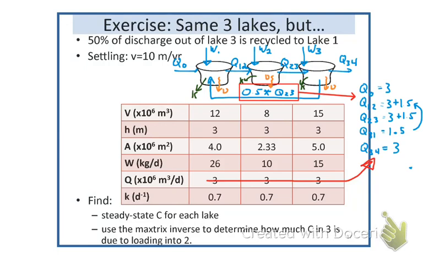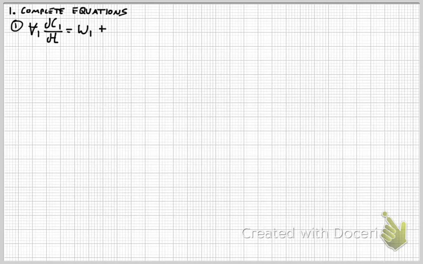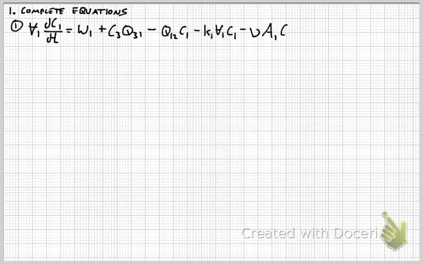So what I'd like to do next is work through the steps to solve this problem. The first step will be to write out the complete equations for each lake in the chain. So for lake number 1, we've got the volume of the lake times the time rate of change of concentration in that lake equal to the loading W1 plus the inflow from that recycled water, and we've got an outflow, a reaction loss, and a settling loss.